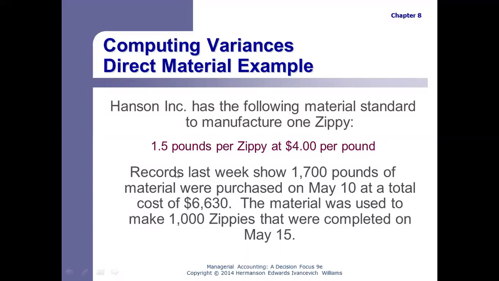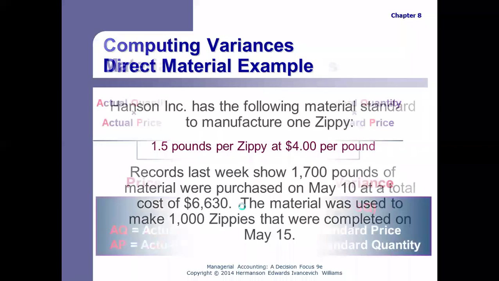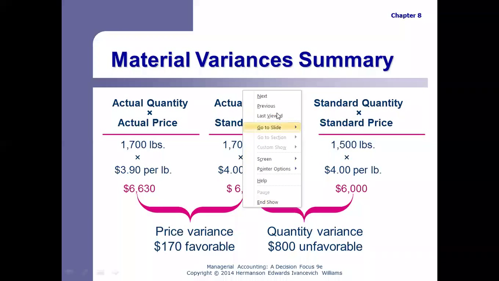Okay, so the actual production records showed that 1,700 pounds of materials were purchased for a total cost of $6,630, and those 1,700 pounds of materials were used to make 1,000 zippies. Okay, so again, here we have the standard price, $4, and the standard quantity, 1.5 pounds each for each zippy. Here's the actual.